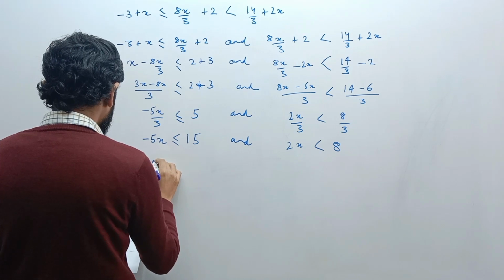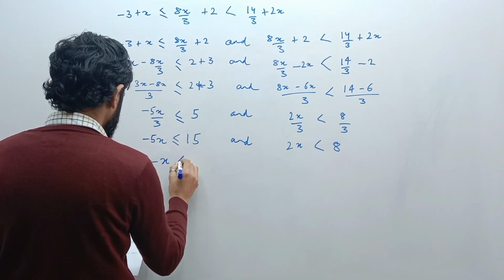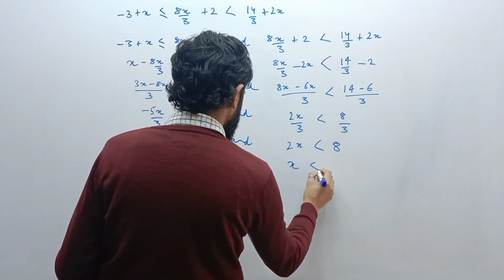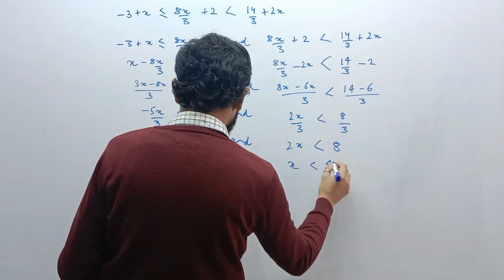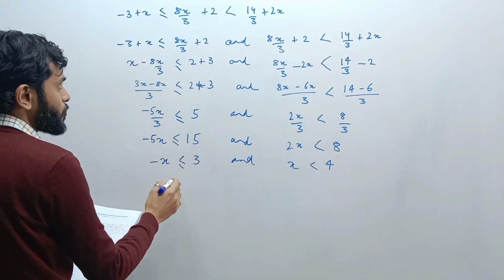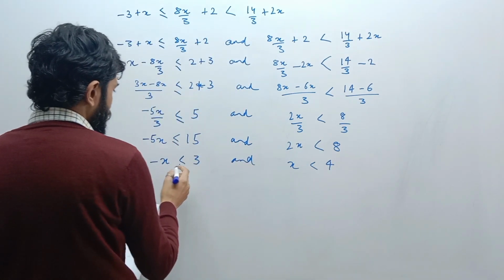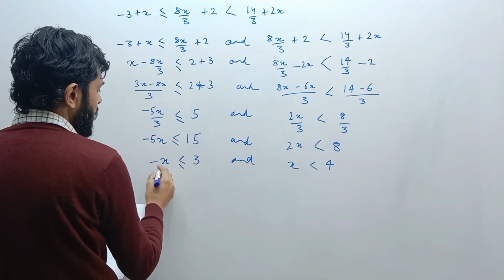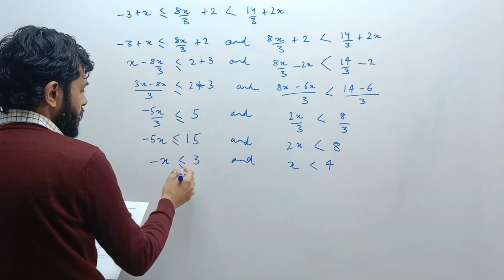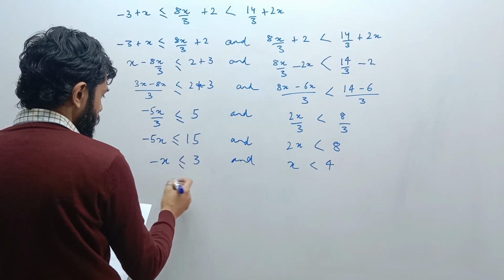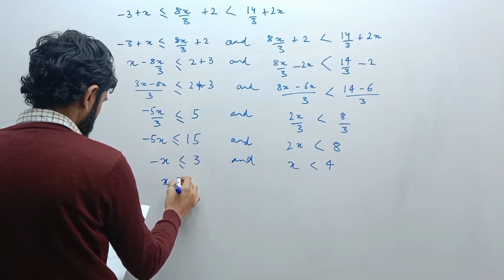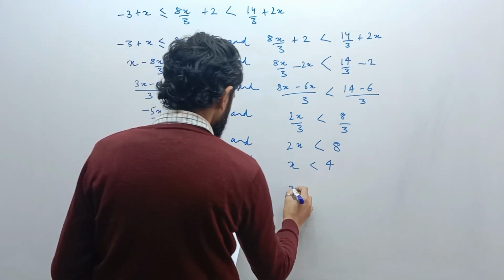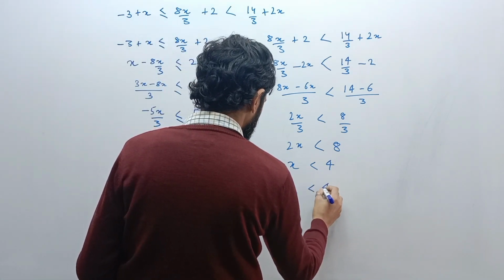Now here it will be minus x is less than or equal to 3, and x is less than 4. Here we have to change the negative value into a positive value, so we multiply by a negative sign on both sides, and the symbol of the inequation gets reversed. So it will be x is greater than or equal to minus 3, and x is less than 4.